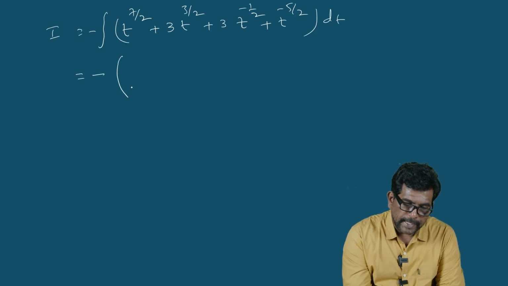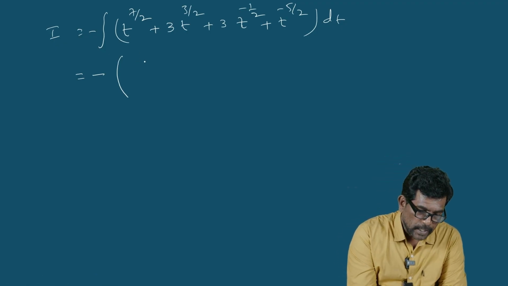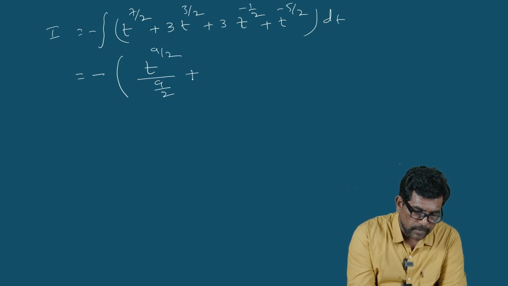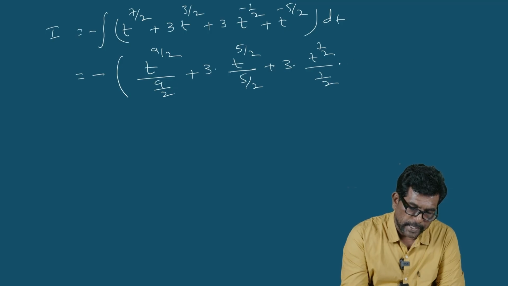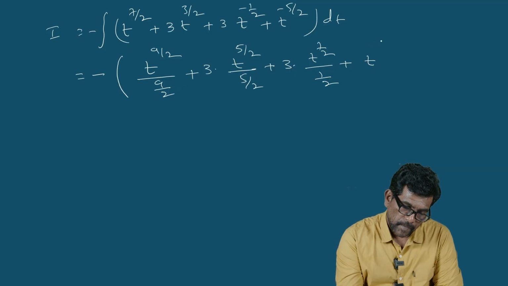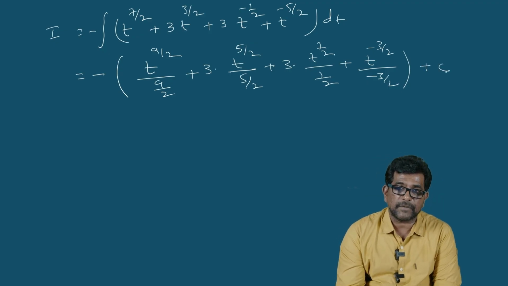Minus of, direct integration formula we are using: integral t to the power of n dt is equal to t to the power of n plus 1 upon n plus 1. So we get t to the power of 9 by 2 by 9 by 2, plus 3 times t to the power of 5 by 2 by 5 by 2, plus 3 into t to the power of 1 by 2 upon 1 by 2, plus t to the power of minus 3 by 2 upon minus 3 by 2, plus c, where c is the constant of integration.